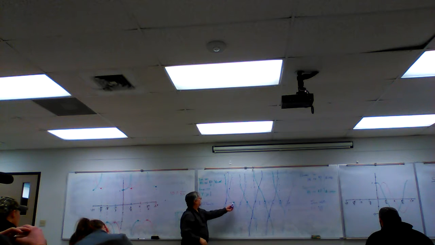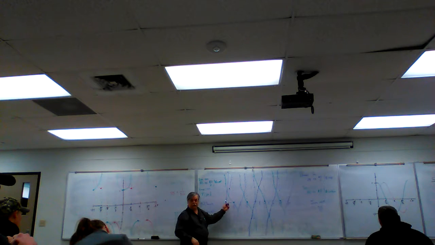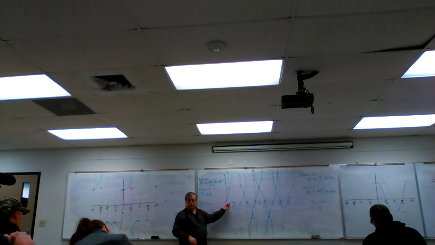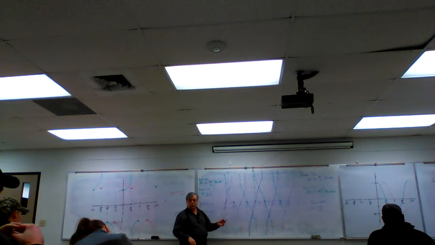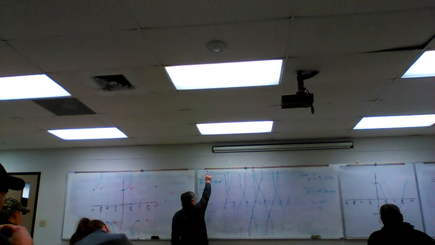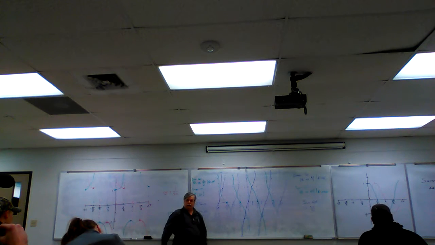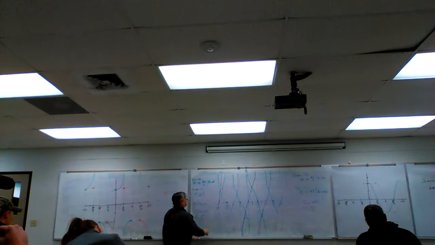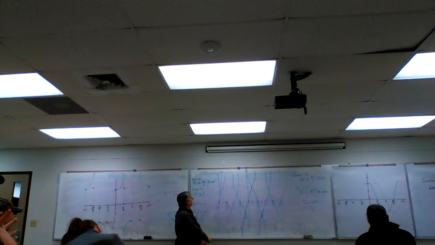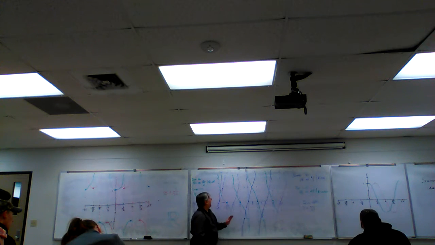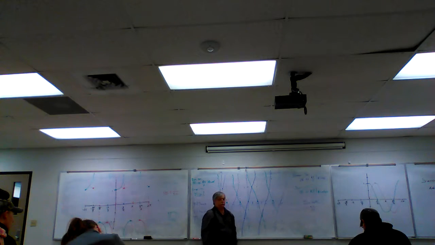It's the cotangent that will be undefined at minus 2 pi, or at any multiple of pi. And it will be infinitely positive to the right and infinitely negative to the left. And that's at every multiple of pi.